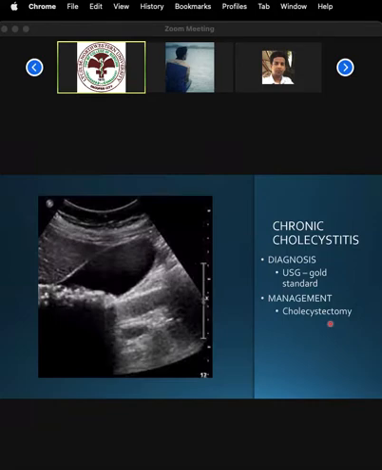This is usually indicated, or strongly indicated, if you have recurrent attacks of cholecystitis, at least more than 2 times, because this will tell you that you may have sludge inside the cystic duct, and this may be seen during ultrasound.